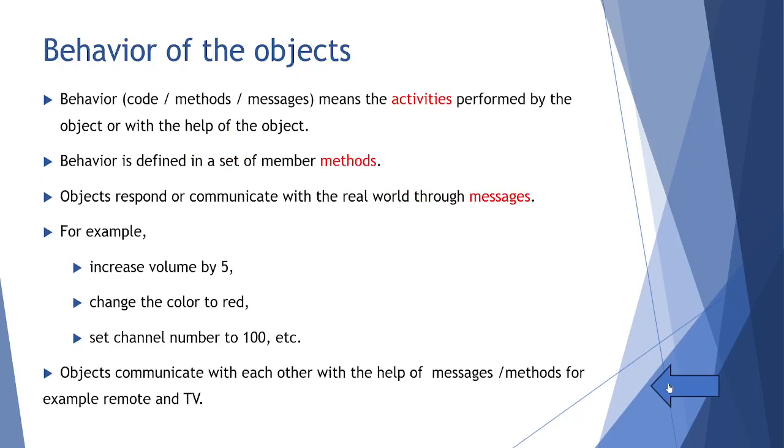Now, behavior means activities performed by the object or with the help of the object. Behavior is defined in methods, and objects respond or communicate with the real world through methods or messages. This is also known as methods.